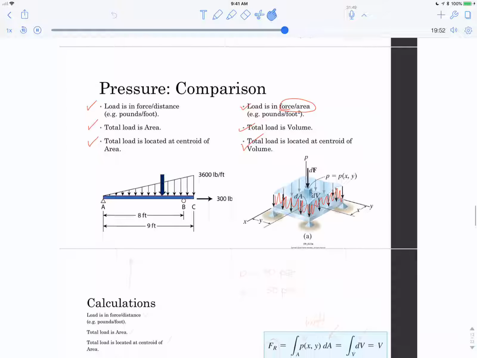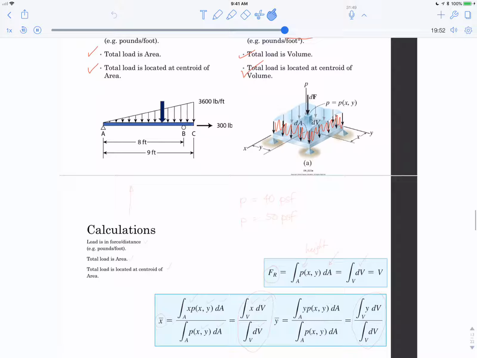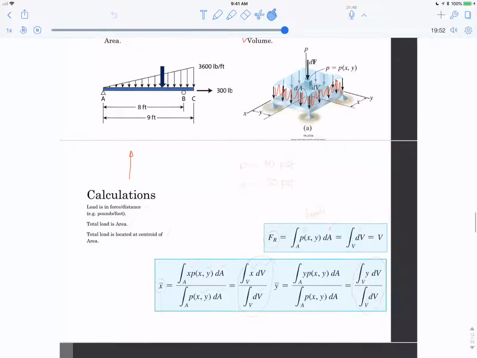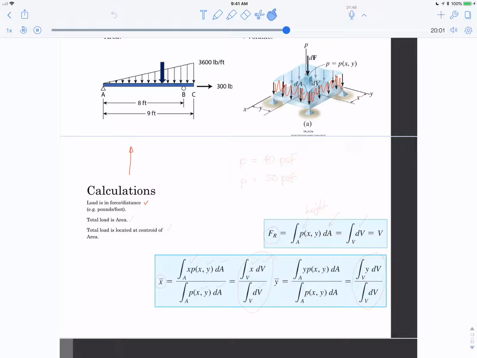When we compare the calculations of these two, in the 2D problem right up here, we have the load is in force per distance, the total load is the area, and the total load is located at the centroid of the area. The parallel to that in the 3D is that the load is the volume. Okay? If you think of P as the height, and over dA, that's the same as the integral of dV, because the height times dA is the differential volume.